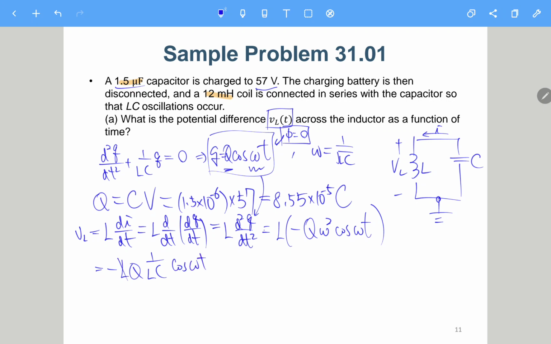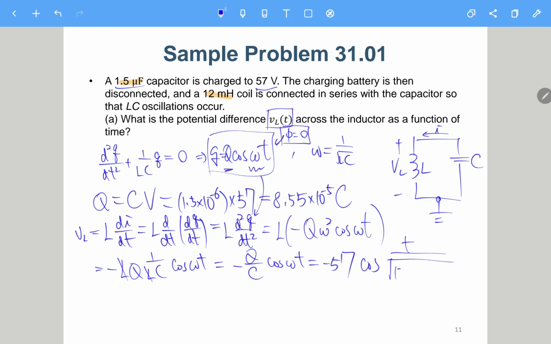We can cancel L and L. So it turns out to be negative Q over C cosine of omega t, which is negative 57. Q over C is actually V. And then cosine omega t, so t over the square root of LC.